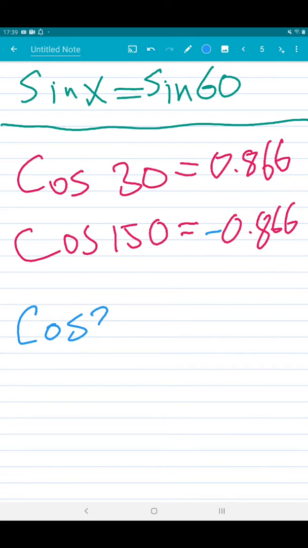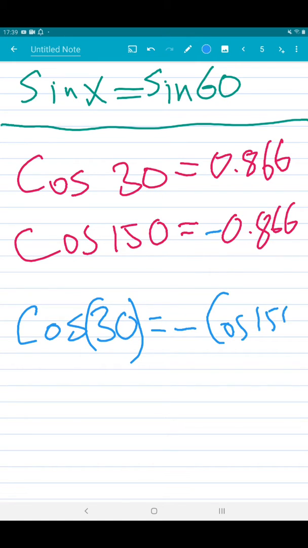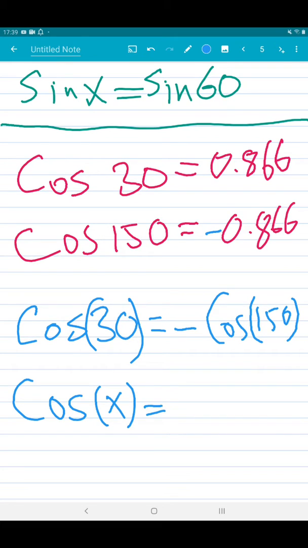Cosine 30 equals minus cosine 150. This means that there is a new identity for obtuse angles: cosine x equals minus cosine 180 minus x. Okay, I will rewrite it on the next page.